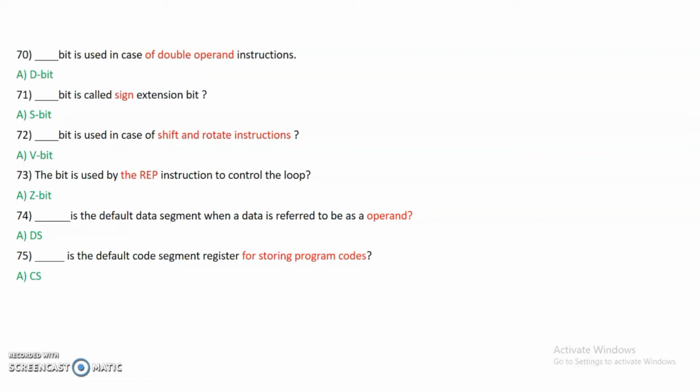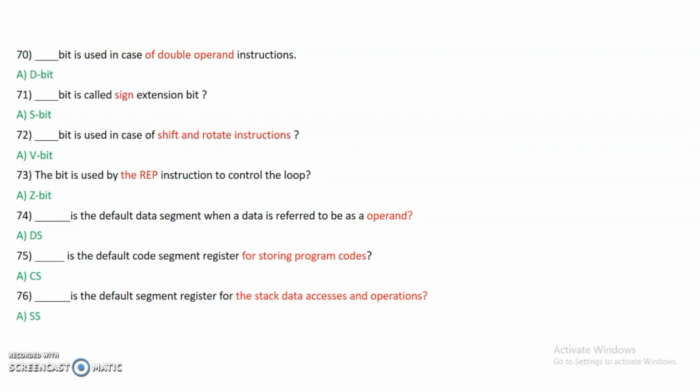Program codes will be stored in the code segment register, whereas the data will be stored in the data segment registers. Bit number 76. Dash is the default segment register for the stack data accesses and operations. So the answer will be stack segment. Make a note of it.